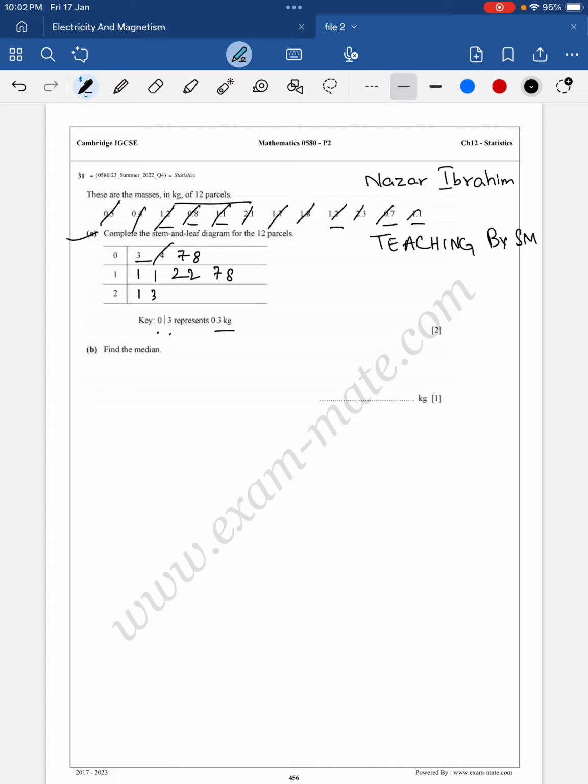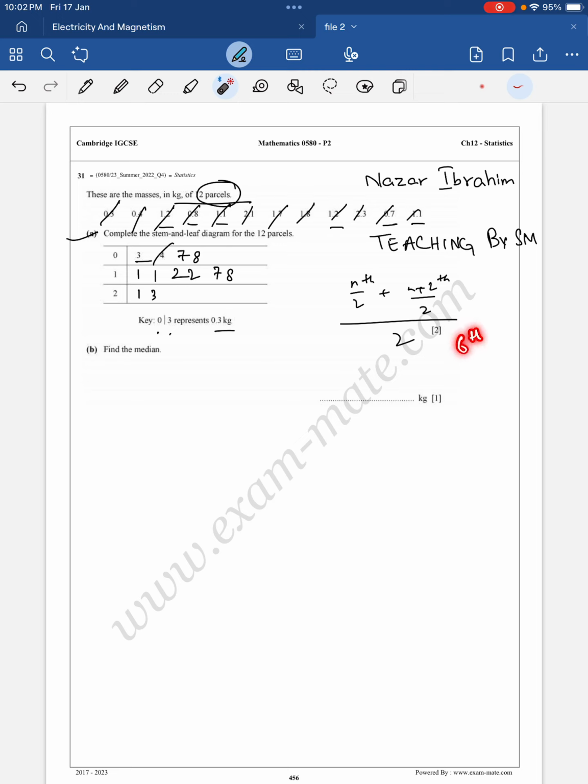The second part is find the median. When we are finding the median, we should see whether the data is of even or odd number. Since we have 12 parcels, it's an even data number. So the formula is the (n/2)th term plus the ((n+2)/2)th term, all divided by 2. 12 upon 2 is 6, and 12 plus 2 is 14, upon 2 is 7.